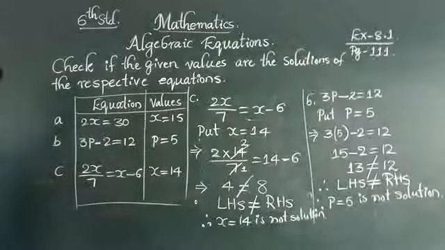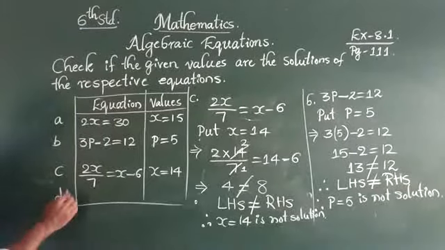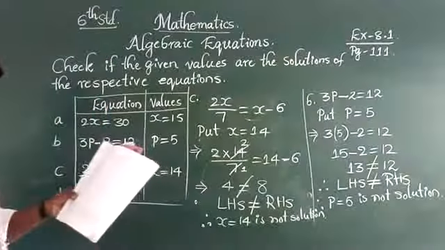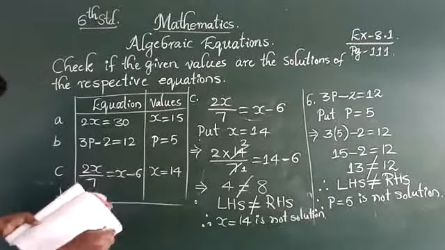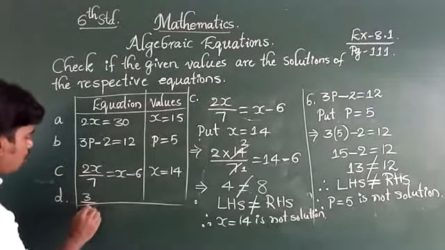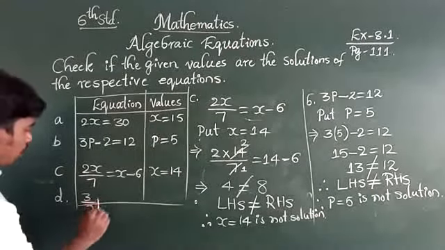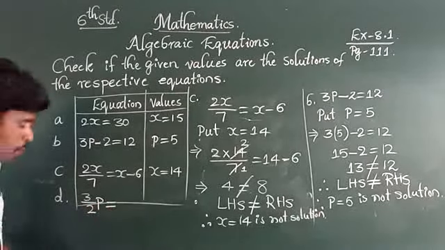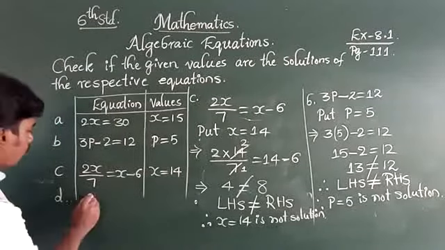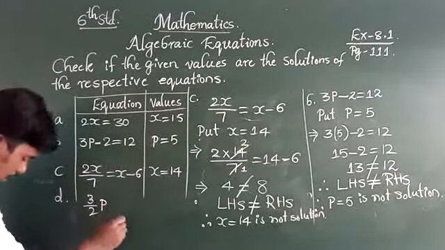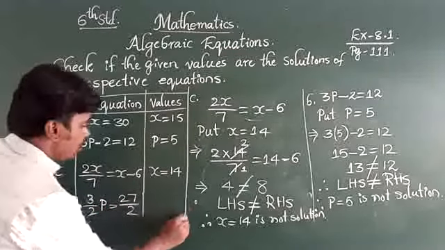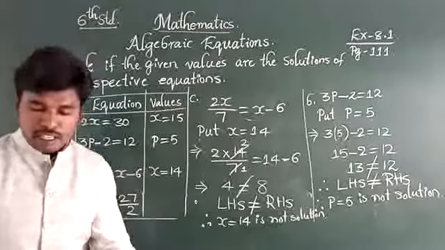One more equation. I'll take d. So here 3 by 2 p is equal to 22 by 7. Whether LHS is equal to RHS, will it come or not?